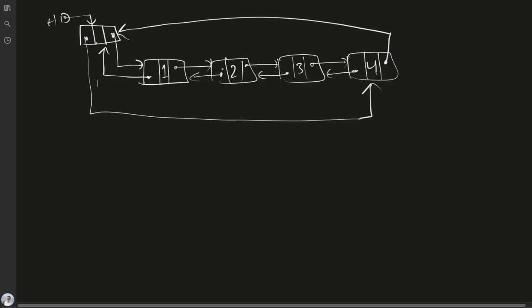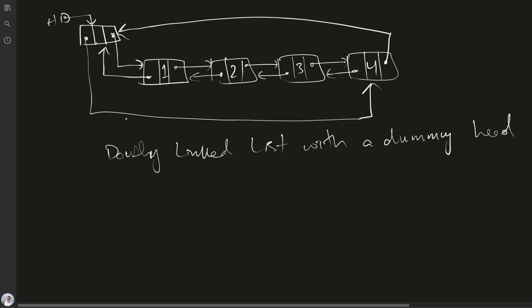So it's a doubly linked list with a dummy head node, and in fact it's a doubly circular linked list, right? So it's circular in both directions and it contains a dummy head node. So this is the design of the list in STL.